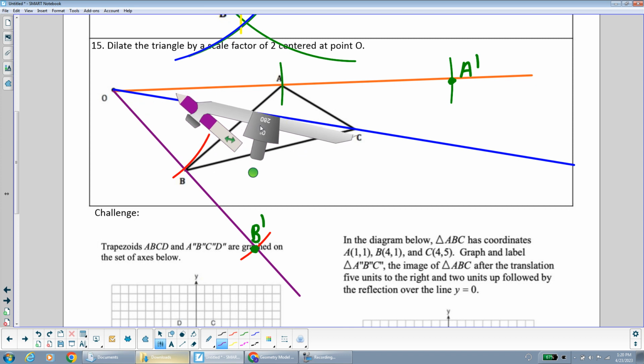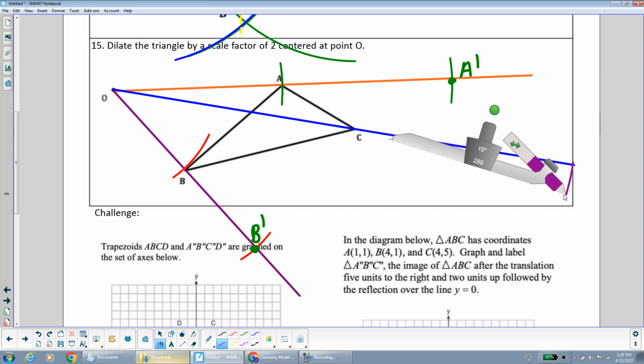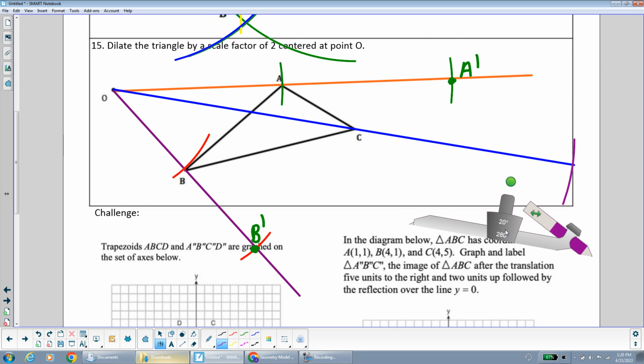So it's about, I would say about here. I couldn't accurately measure from here to here. My compass does not get any bigger on the computer.